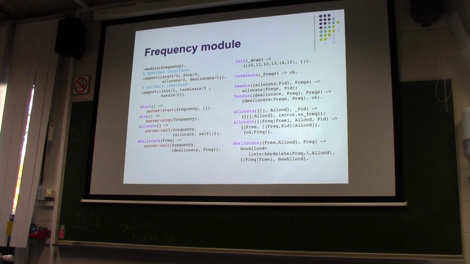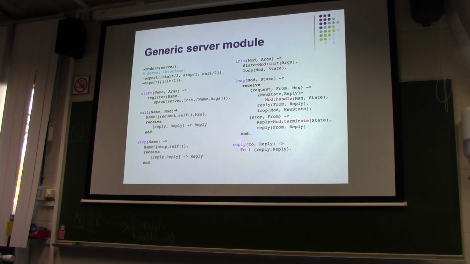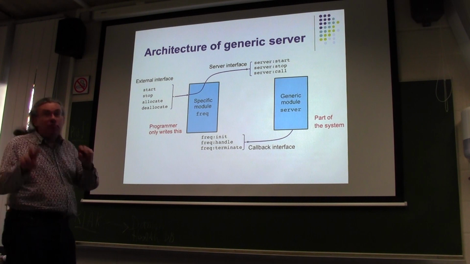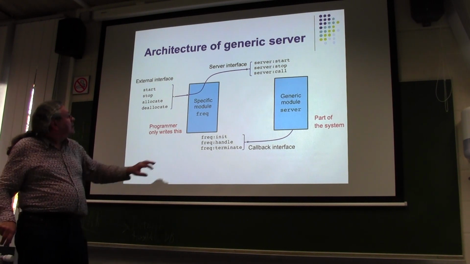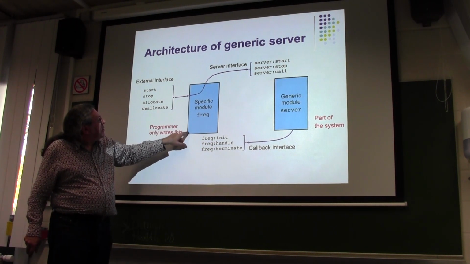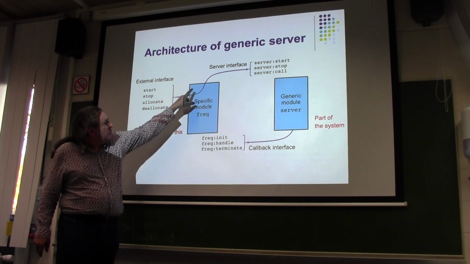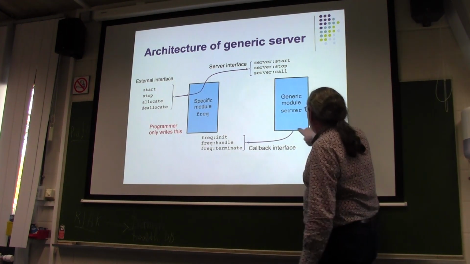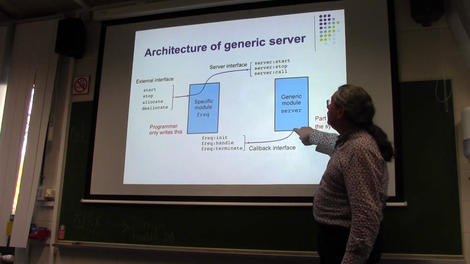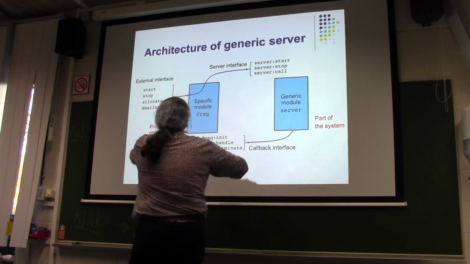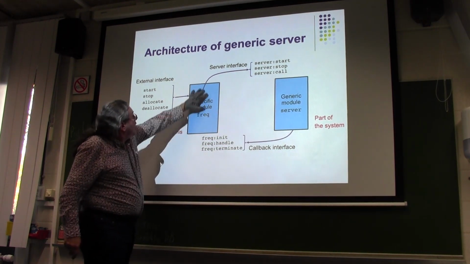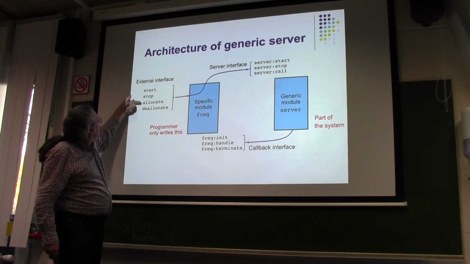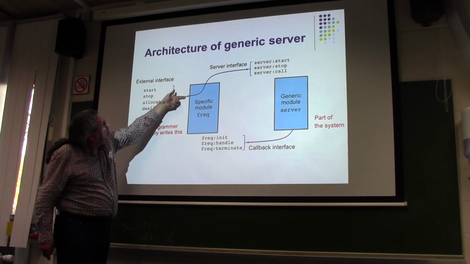Now let me show you the architecture. I'm going to show you 2 modules. This blue module is what the programmer writes, and this other module is part of the system. So this is the behavior. The programmer only has to write this, and it has an API: allocate, deallocate, start, stop.